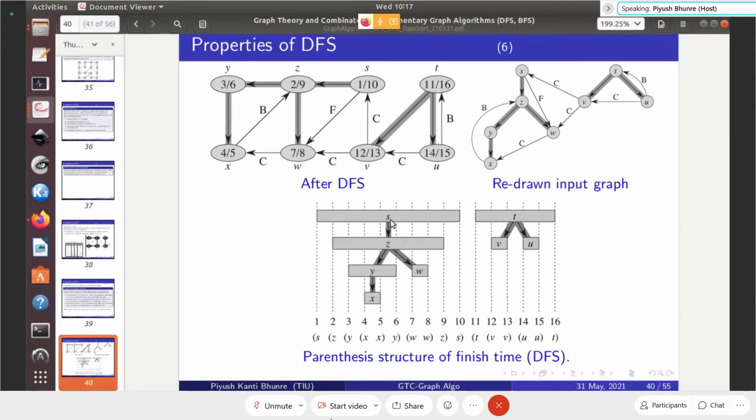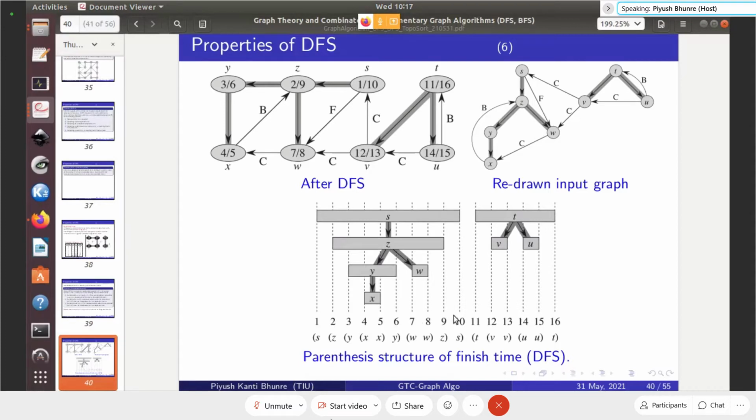So that's why Z was discovered through S. So Z is basically a successor of S, and S is the predecessor of Z. So the interval for Z is entirely contained within the interval of S, which is shown over here.